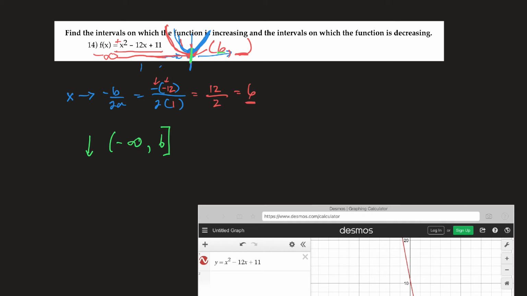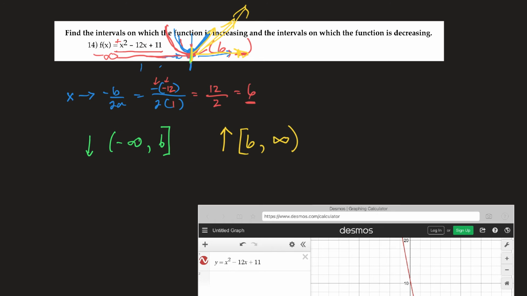Then the function flips. Right here it starts going up. So the function starts increasing at 6, again not including 6, and it increases forever going this way. The bigger the x value you put in, the more the graph keeps going up and up and up. So from 6 to infinity is the interval that the graph is increasing on.